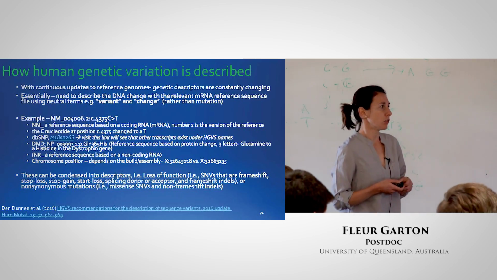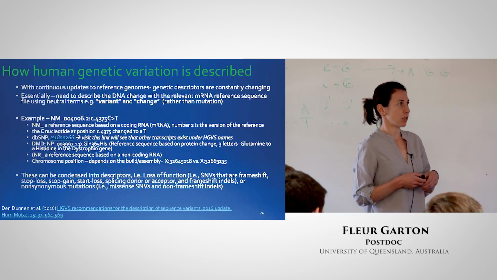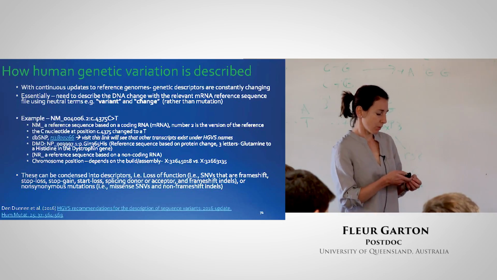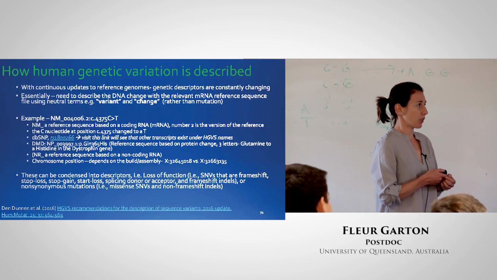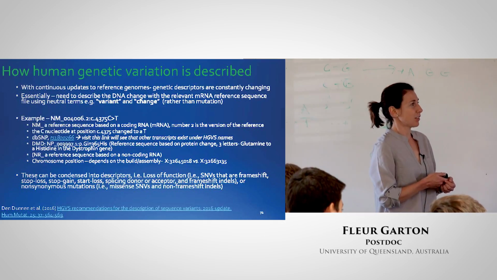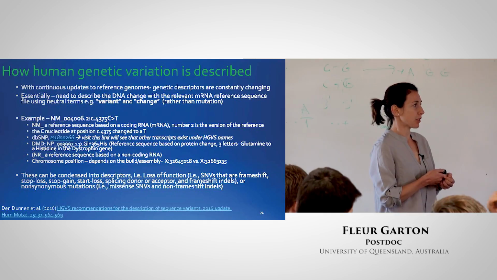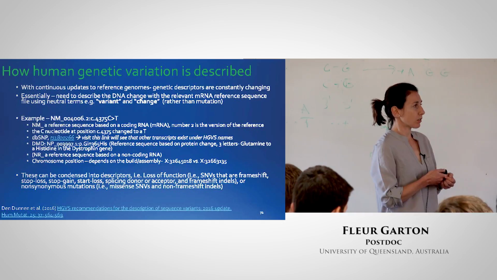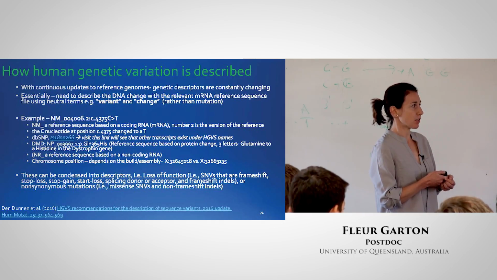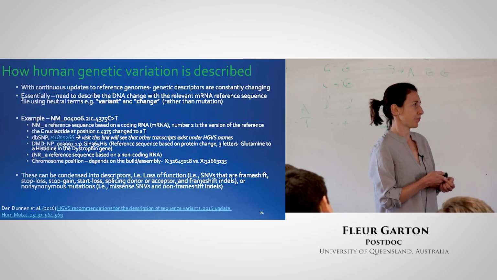So typically you say variant and change rather than mutation. And so this is how you might see something written in a paper. This refers to the reference sequence, and then this is C, meaning this is in the DNA, this is the base, and then it's a change from a C to a T, so a cytosine to a thymine.